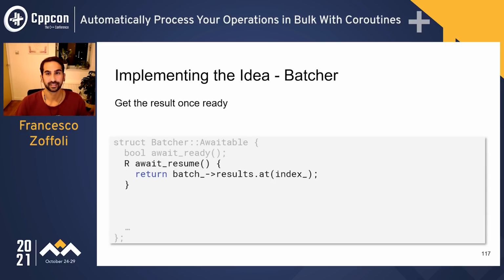We have another question from Ryan. I know this is slide code, but it looks like Batcher would need a lot of synchronization to be multi-threaded. Is this just intended for single-threaded use? When building the slides, you need to keep a balance between the details you want to go into and the precision of the concept. In this specific case, we are looking at a single-threaded case, so there's no synchronization across threads needed.